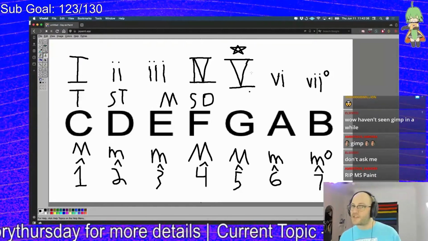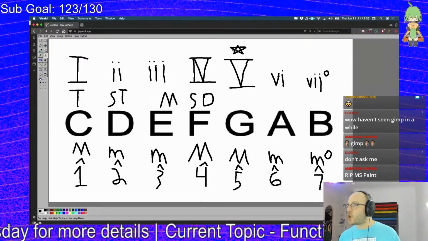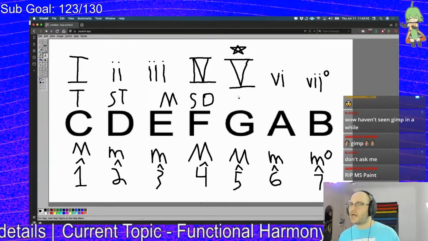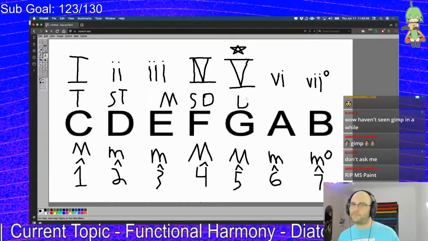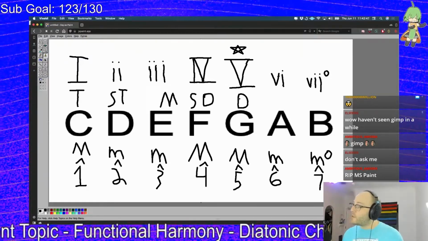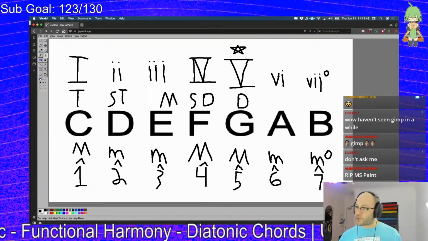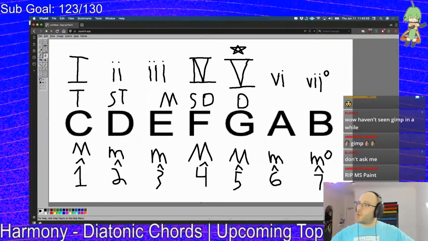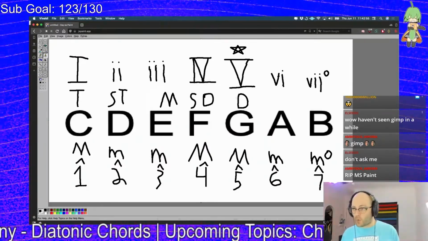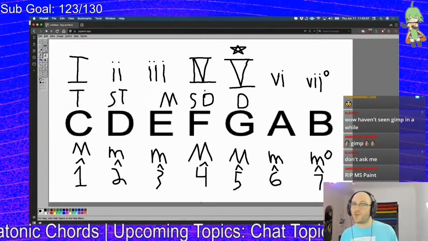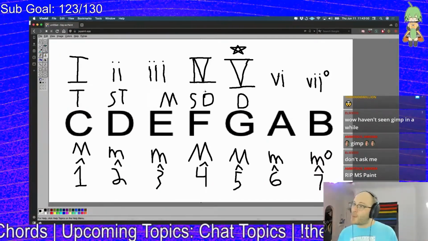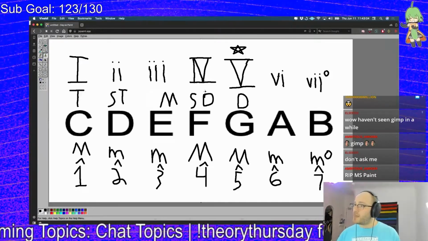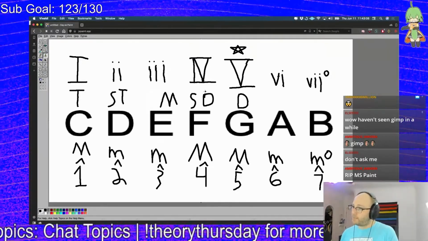Now, the fifth scale degree, the reason why it has a star over it is that this is, as this chord implied, the dominant chord. When we get into what OTV was asking about with regards to diatonic chords and functional harmony, this is where that all comes towards. Functional harmony is saying each one of these chords not only has a name, but has a job. It has a direction that it wants to go in.